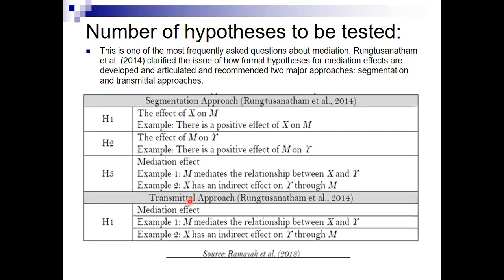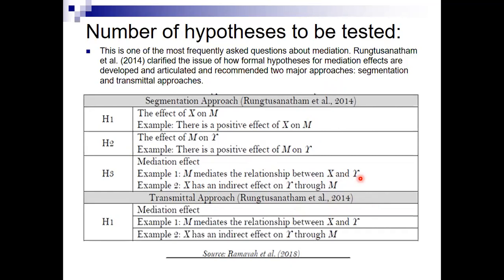All right. Then hypothesis 3 would be actually the mediation effect itself. So you have 2 examples here. Example 1: M mediates the relationship between X and Y. So you are testing the mediation.